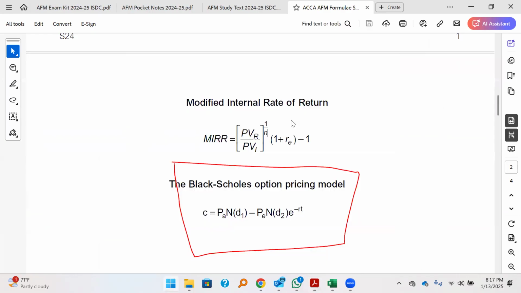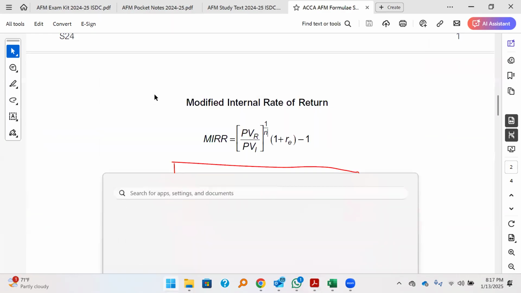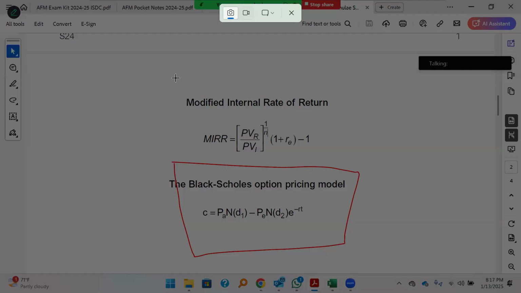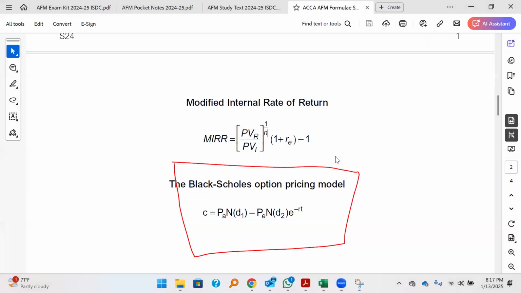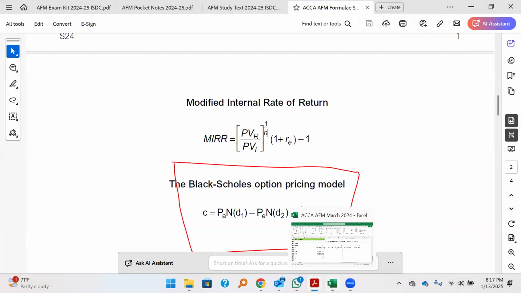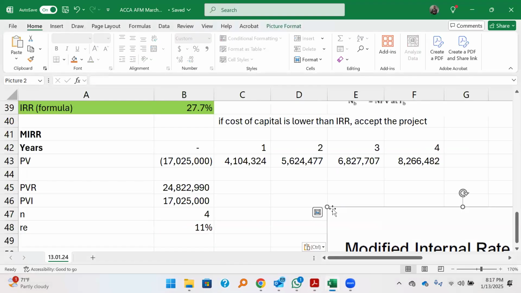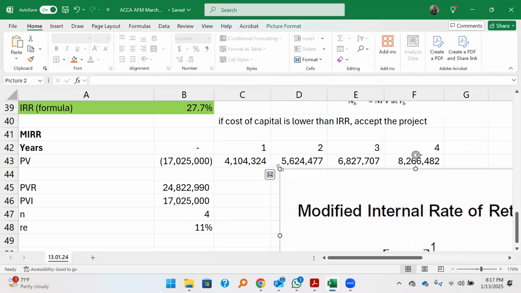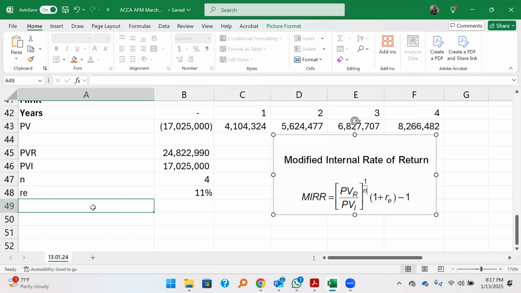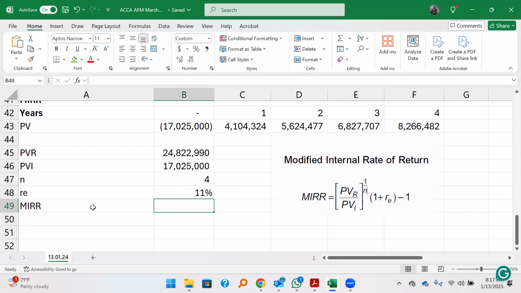Let me just take this one to our Excel. Okay. So you can do our MIRR.